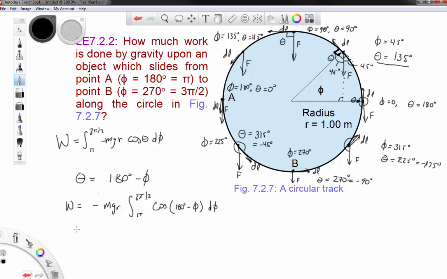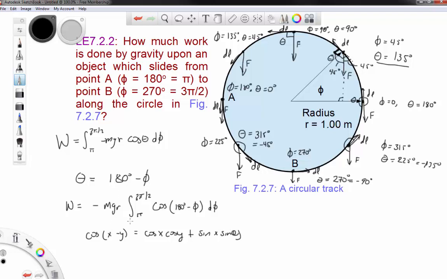So now we might want to try using a little bit of trig identity. You know that cosine of x minus y is equal to cosine of x cosine of y plus sine of x sine of y.